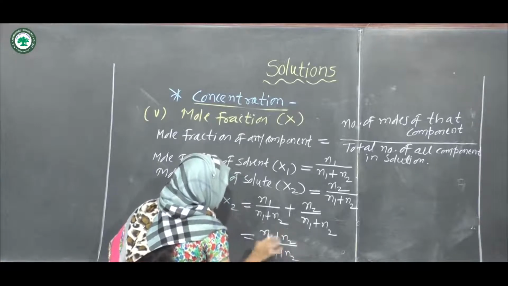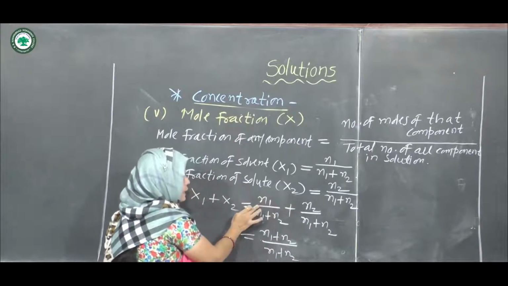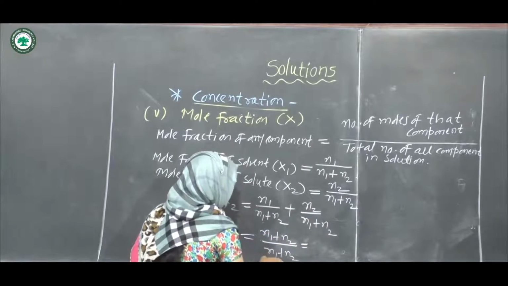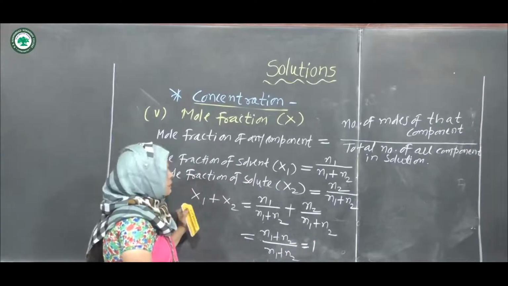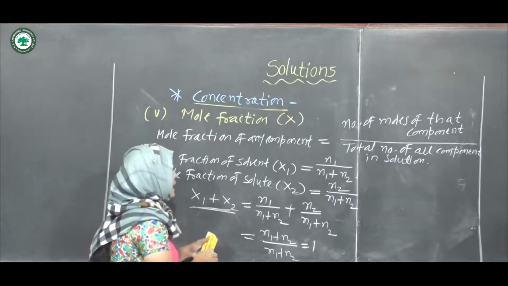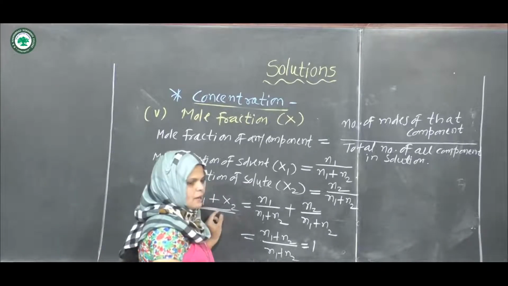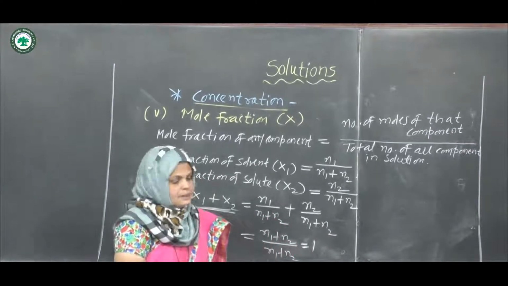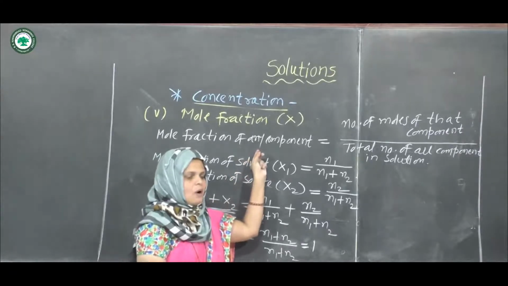When the denominators are the same, we add the numerators, and N1 plus N2 divided by N1 plus N2 gives the value 1. Remember that the sum of the mole fractions of solute and solvent is 1.